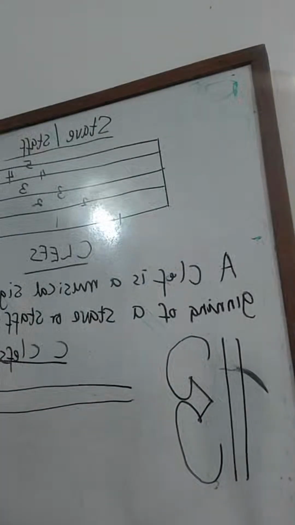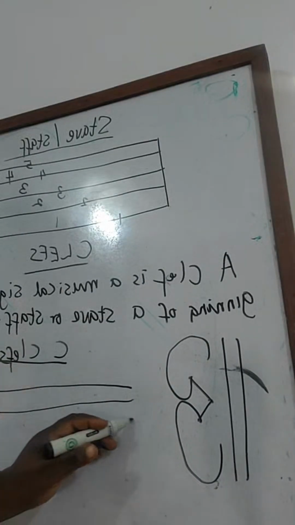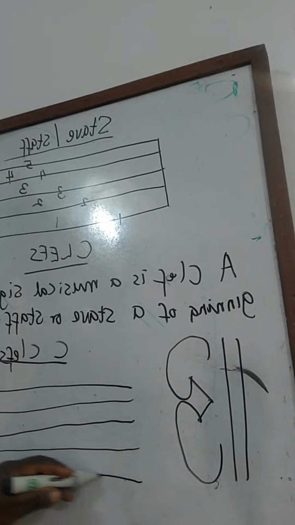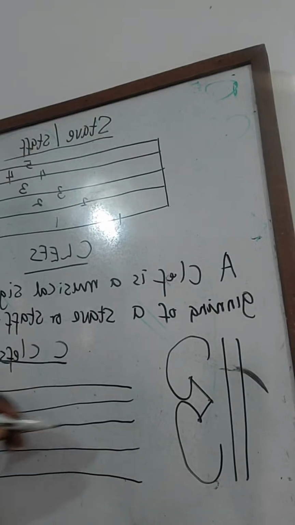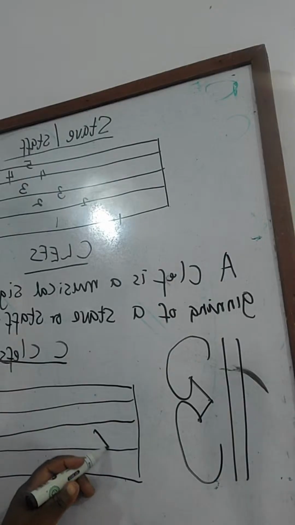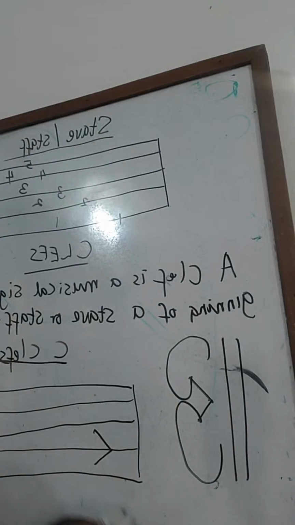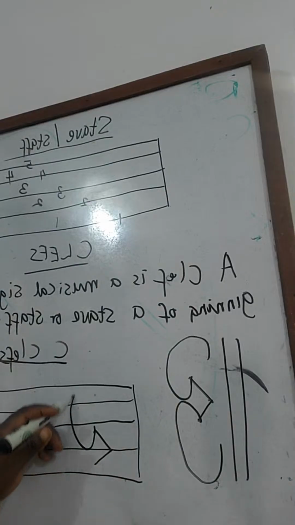The C clefs look the same, but the position on the stave is what makes it a soprano C clef, alto C clef, or tenor C clef. Now, when it starts from line 2, look at the arrow. This is a soprano C clef, like this.